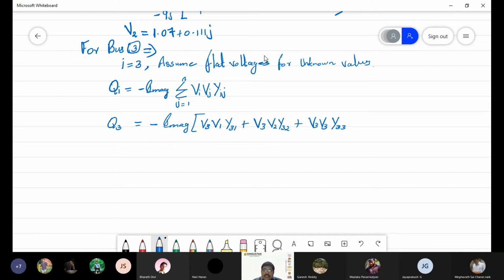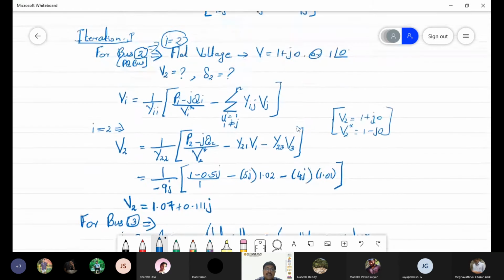I hope you can understand. See, here the condition i not equal to j is not there. Now we are going to substitute the values, minus imaginary of. The V3 value we know, it is given in the problem.